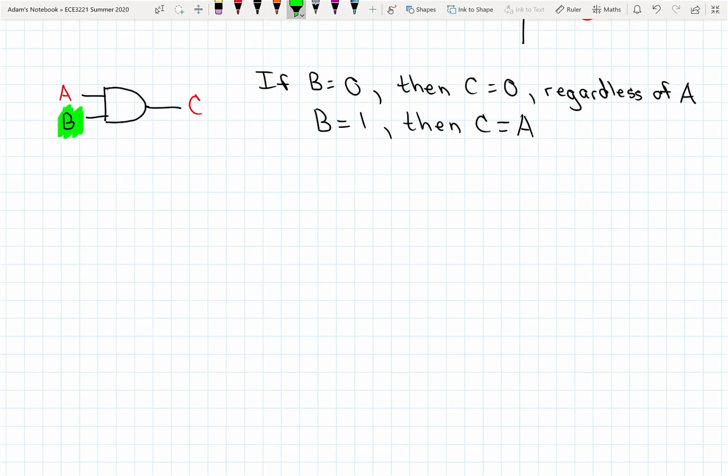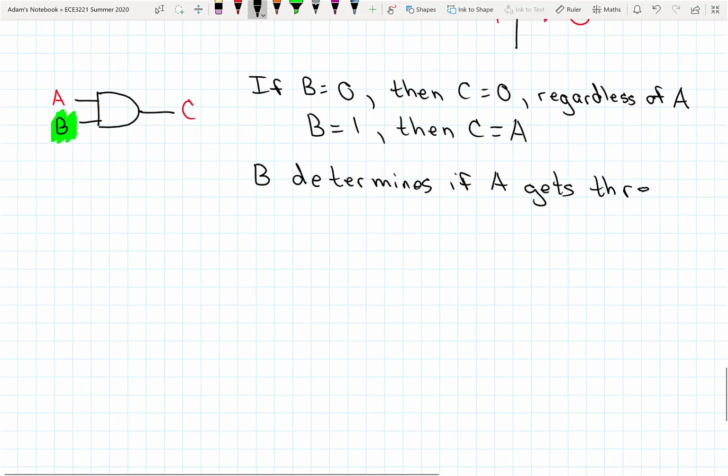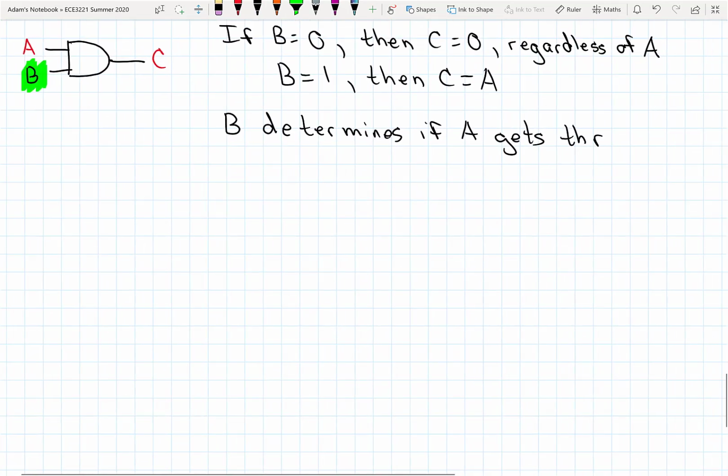If A is high, oh, they're both high, so C is going to be high as well. Okay, so thinking about this AND gate from this perspective, you can think about B as being a control signal that determines if A gets through to the output or not.